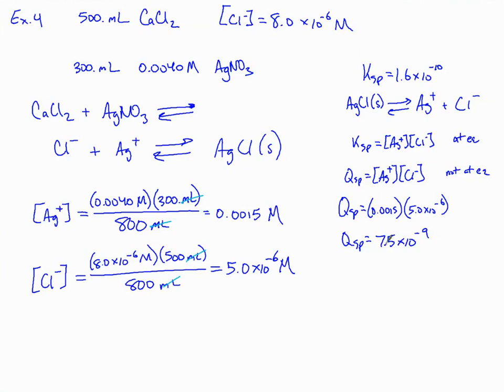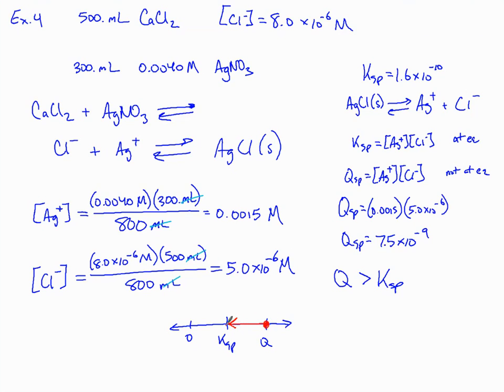So we see that Q is greater than K. And you can use a number line if you want. I generally do, just so I don't mess it up in my head. So Q is greater than K. So here's K, and here's Q. Q is always trying to get to where K is.